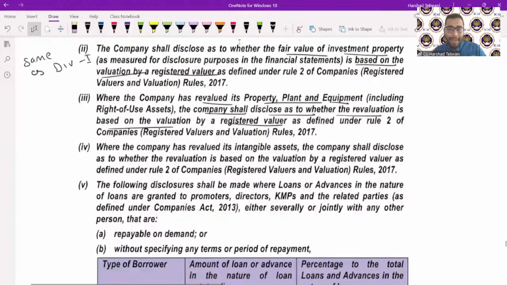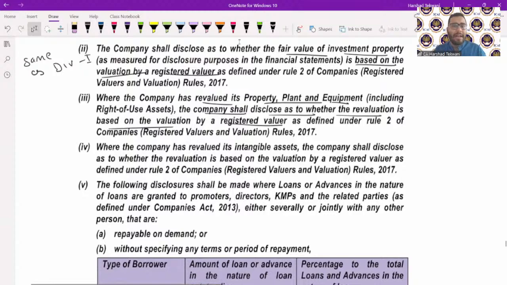Here in the current case it is for two things: one, investment property in Division 2, plus property, plant and equipment. The reason is that in Division 1, accounting standards still do not follow the concept of investment property. It only follows the concept of property, plant and equipment or investment.